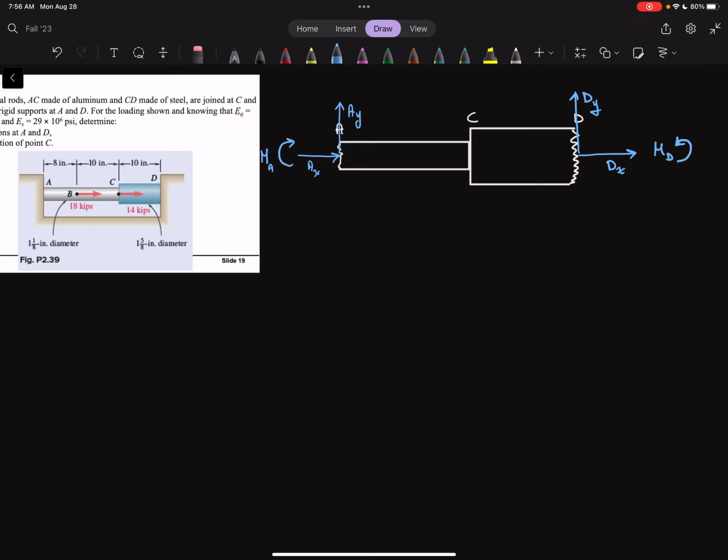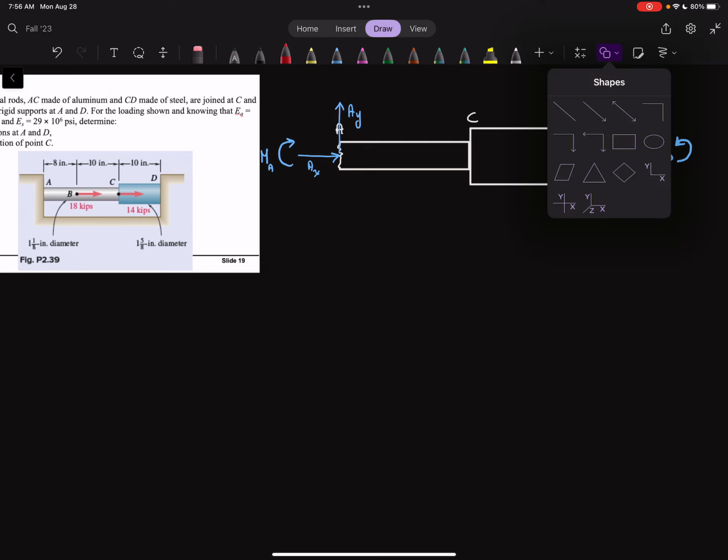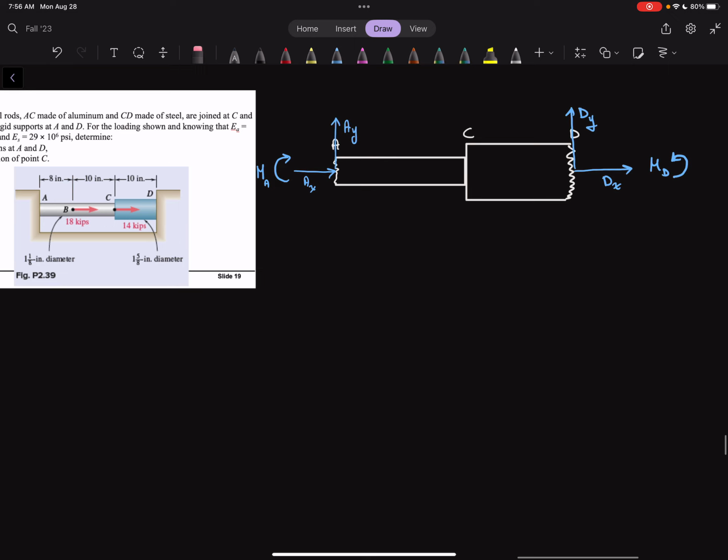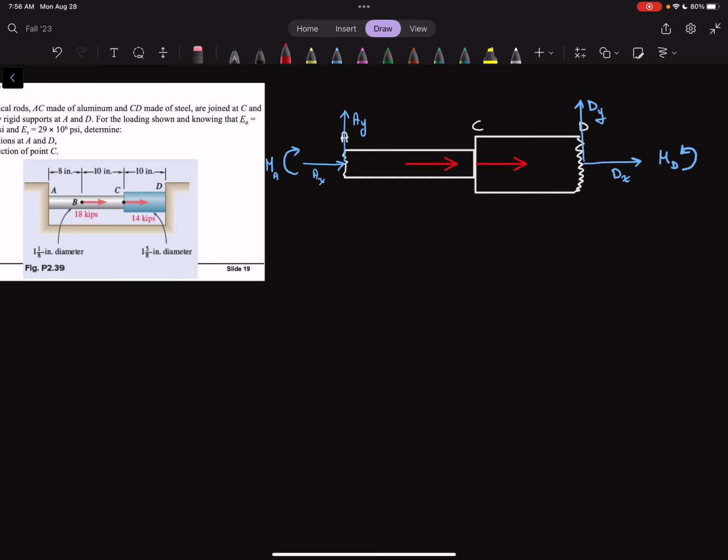Okay, so now that we've done our reaction forces, let's draw the applied forces. At B, there's a force going this way, and at C, there's another force going this way. And they are labeled, so we will label them too. This one is 18 kips, and this one is 14 kips.